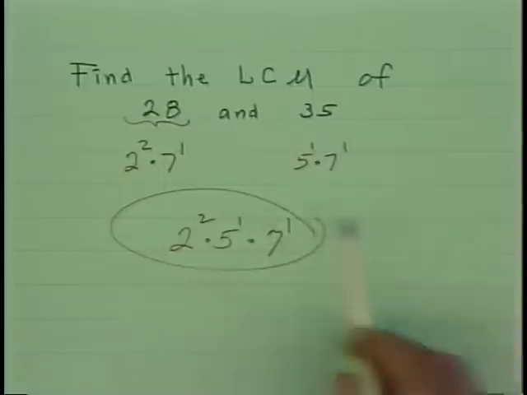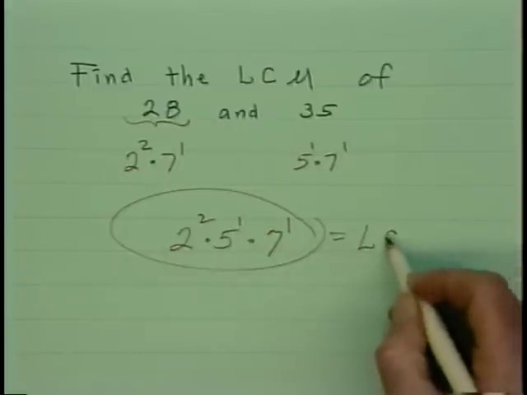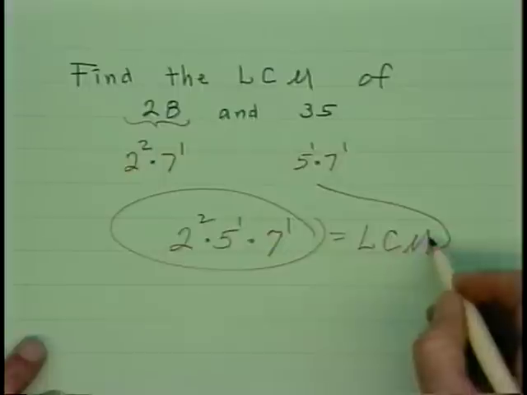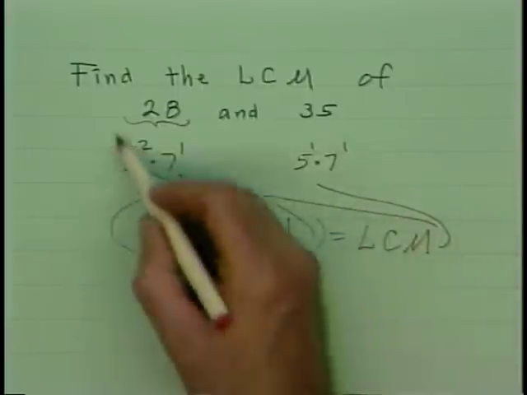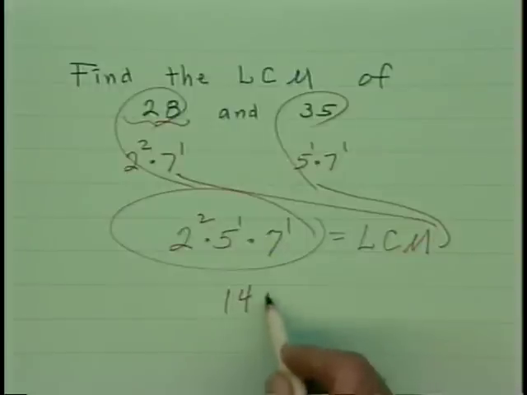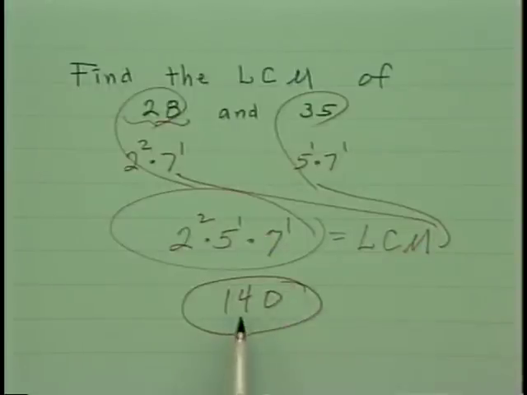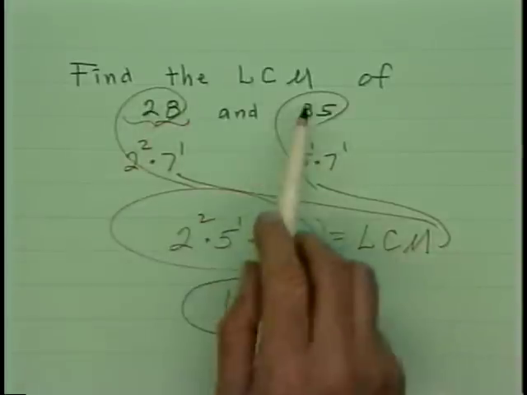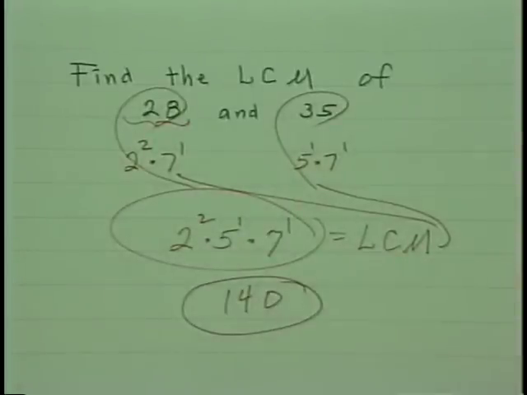Then this number, whatever it is when you multiply it out, is the least common multiple of these two numbers. And this is easy enough to multiply. 2 times 2 is 4, times 5 is 20, times 7 is 140. So our claim is that 140 is the smallest number that each of these will divide into.